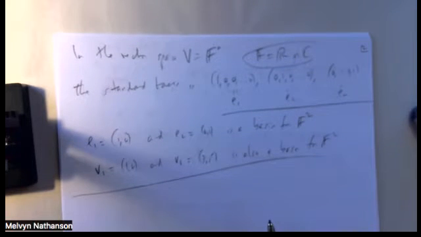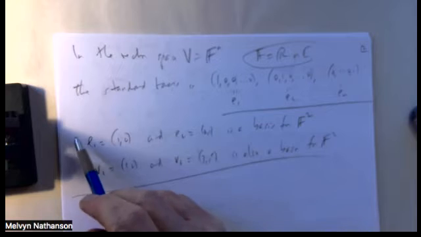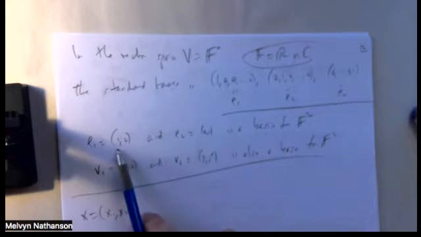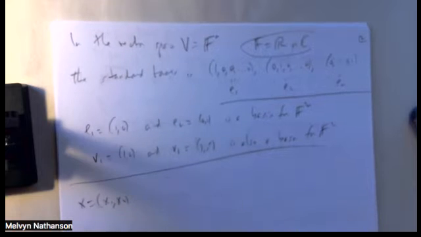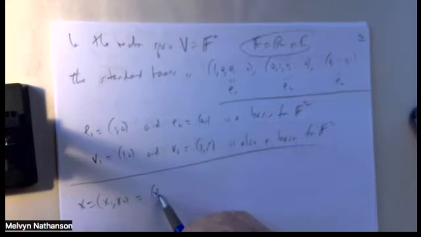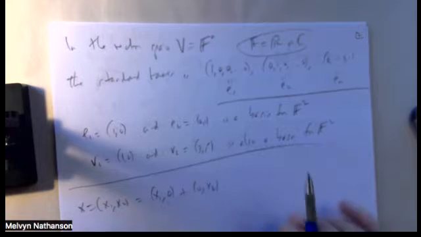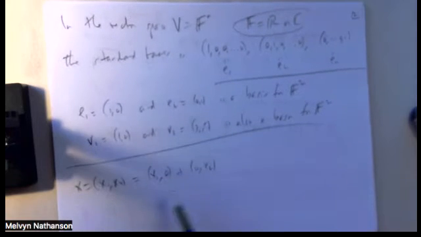And how would you prove such a thing? Well, these are two separate bases. So for example, if we take the vector x equal (x1, x2), you can easily write this as a linear combination of E1 and E2. Because you can write this as (x1, 0) plus (0, x2), because you add coordinate-wise.